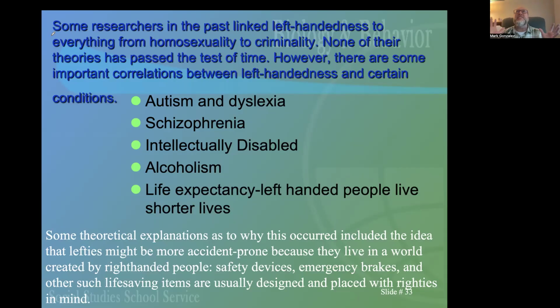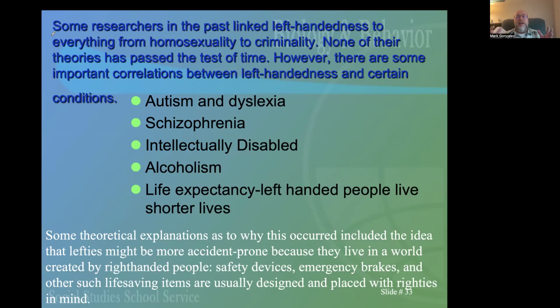Now, what would be some of the theoretical explanations for why this has occurred? They include the idea that maybe lefties might be more accident prone. That would be dealing with the life expectancy. Because remember, most things, safety devices, emergency brakes in cars, and other life-saving items, a lot of them are designed and placed with righties in mind.